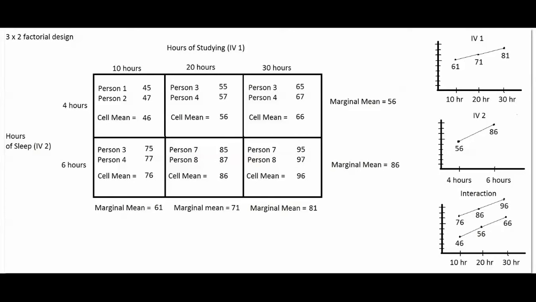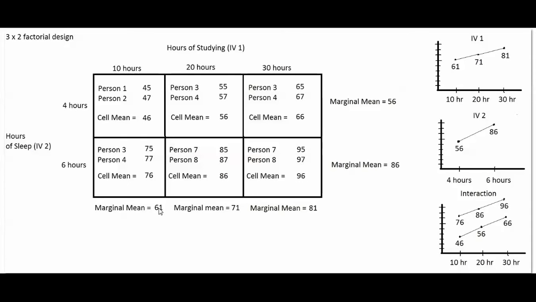In a 3 by 2 factorial design, the main effect of the first independent variable is the difference between all 3 column means. If all 3 column means are equal, then there's no main effect of IV1. For example, if these were 61, 61, and 61, then there would be no main effect of IV1, because they would all be equal.